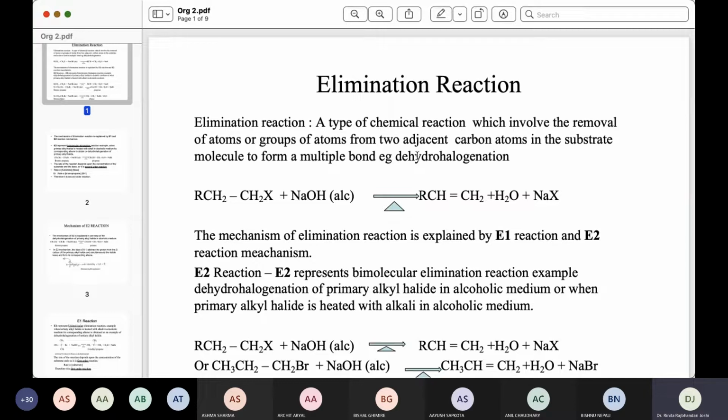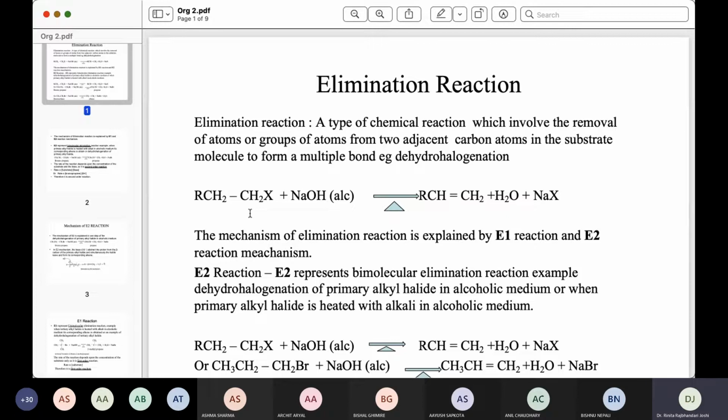र यो dehydrohalogenation कस्तो reaction मा हुन्छ अथवा कुन condition मा भन्दाखेरि a good example is the primary alkyl halide, and in the case of the primary alkyl halide you cannot take the example of the halomethane. Halomethane यहाँ लिन मिलेन as in case of SN2.